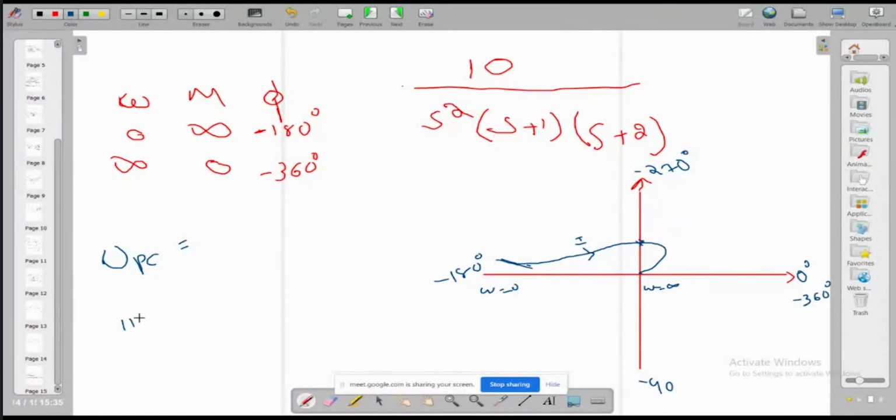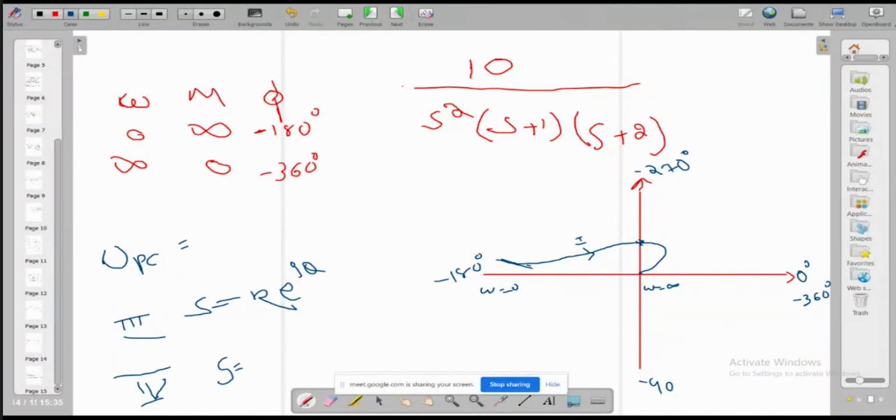Next thing we will find out path number 3. How will you find out? By putting s equals to capital R e to the power j theta. Find out whether you are getting any magnitude or not.